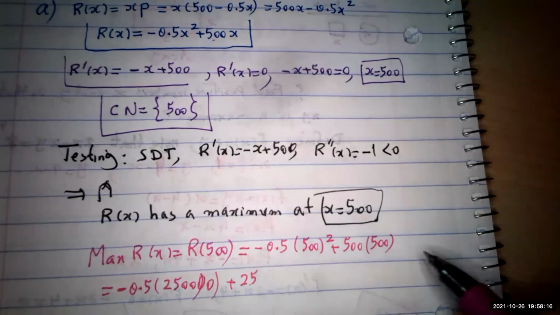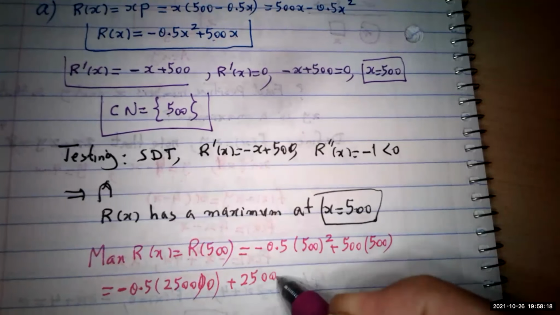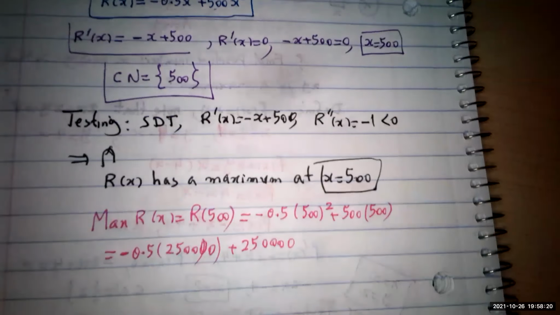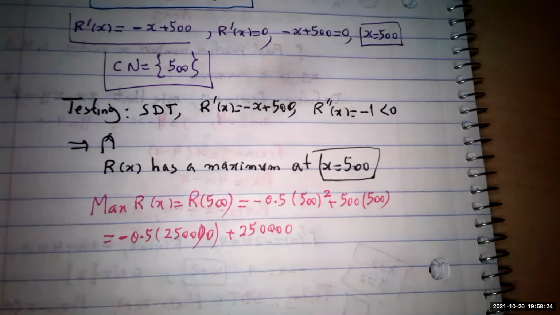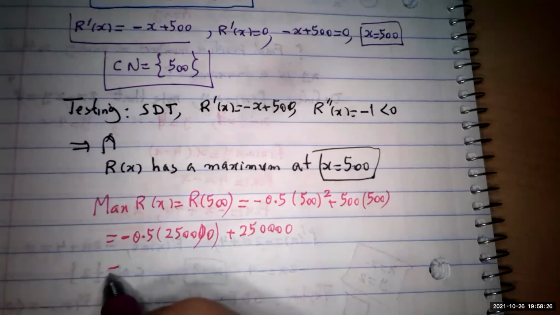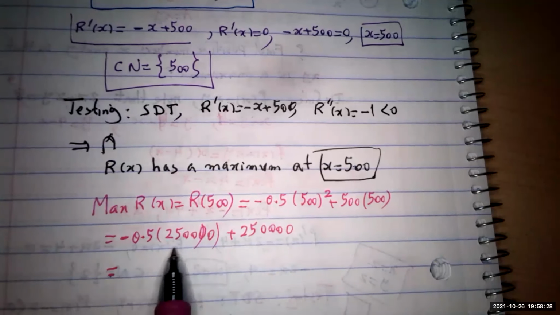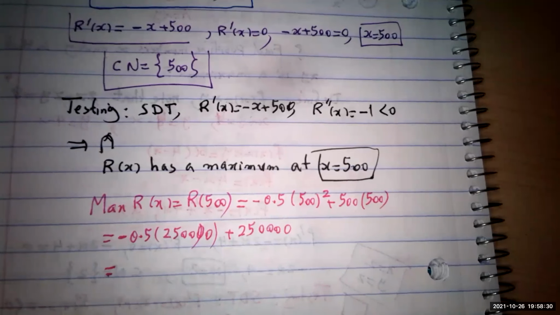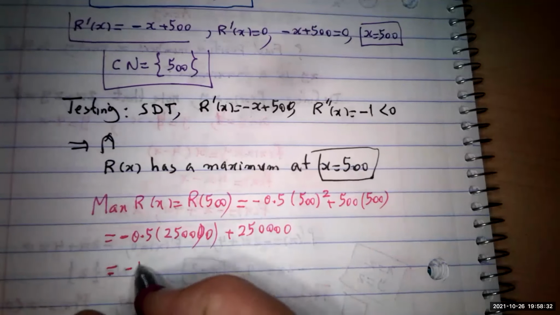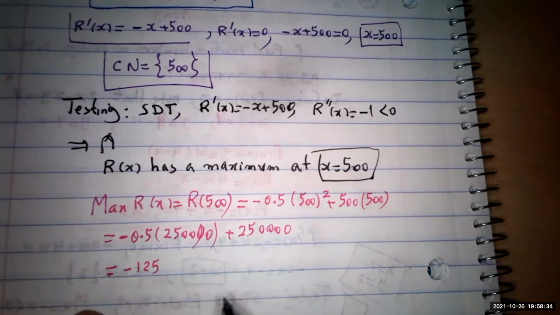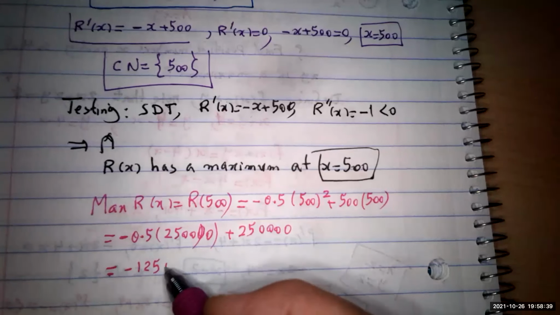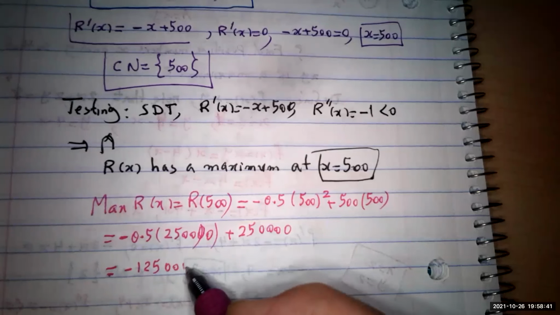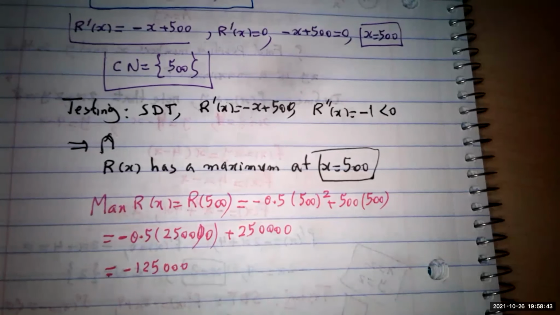We get a 25 with the 4 zeros: 1, 2, 3, 4. Okay, any question? Just the algebra. So multiply. 5 times 25 would be 125. Okay, it's going to be negative 125. And you are going to have the 4 zeros. You have 1 decimal here, so you can drop one of the zeros. So that can be negative 125,000.